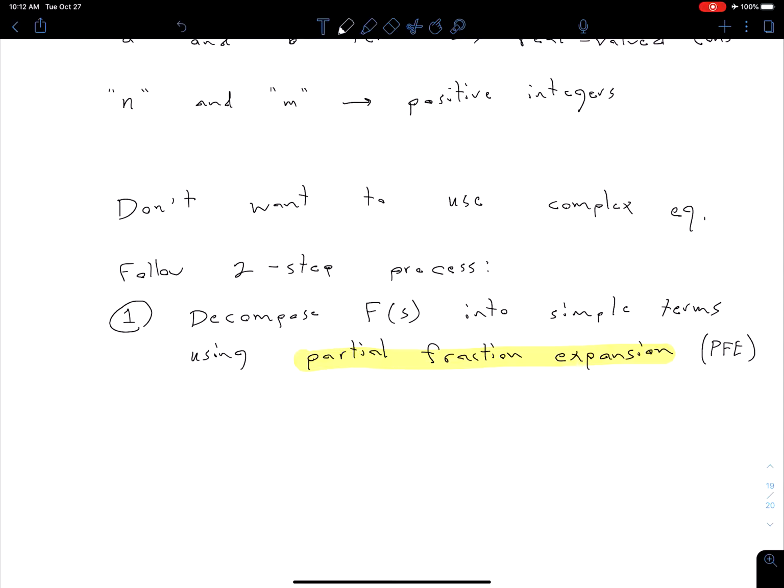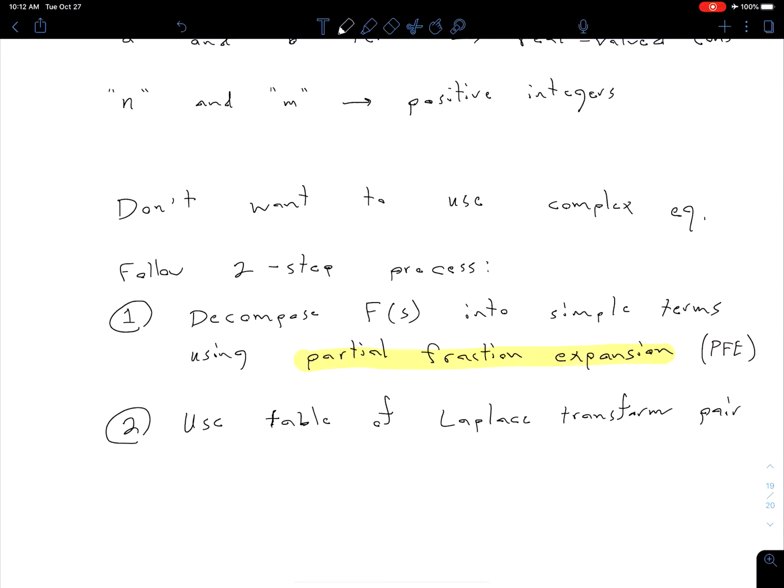Once we have decomposed this complicated f of s into simpler terms, our second step is then just going to be to use a table of Laplace transform pairs, and we can just inverse transform from inspection.